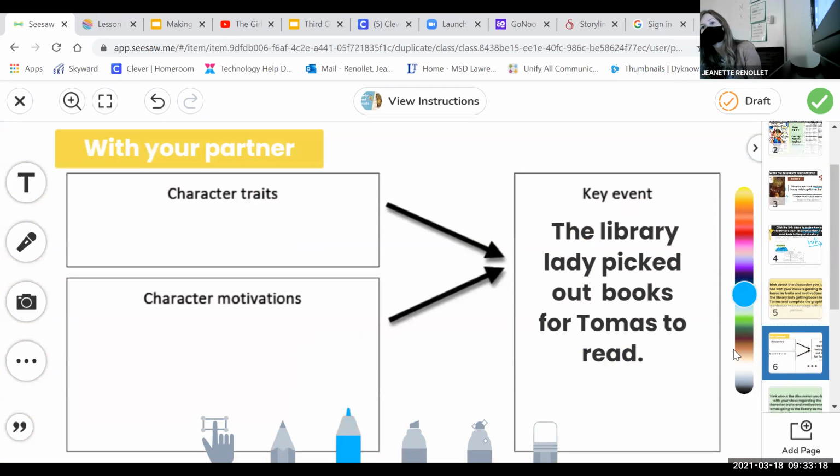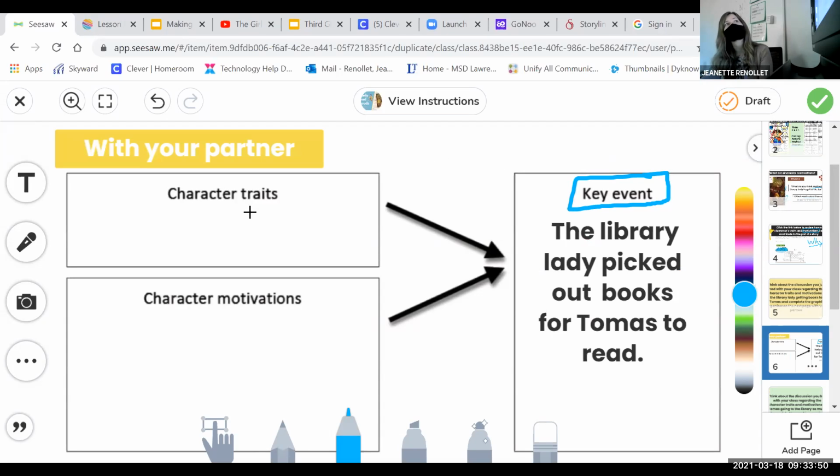Go to slide number 6, please. Slide number 6, we're going to do with a partner. On the right, we have a key event to the plot. Plot is what happened in the story. Your eyes, ears, and brain are focused on instruction. Put your mask on, please. Thank you. The event is the library lady picked out books for Tomas to read.